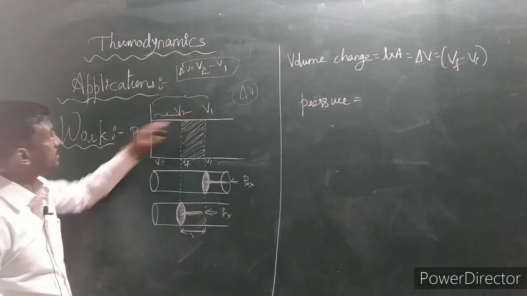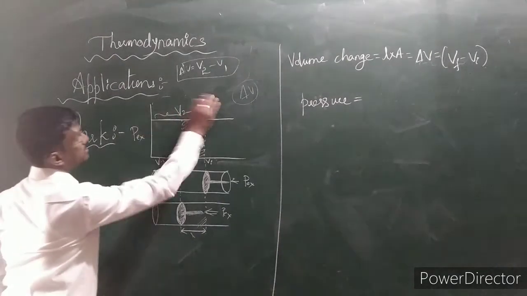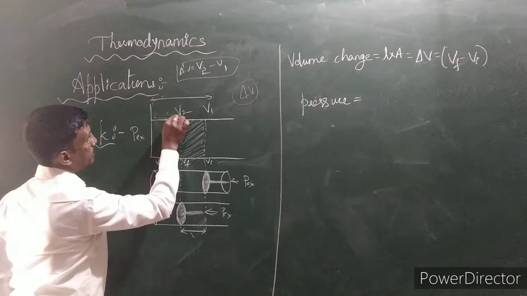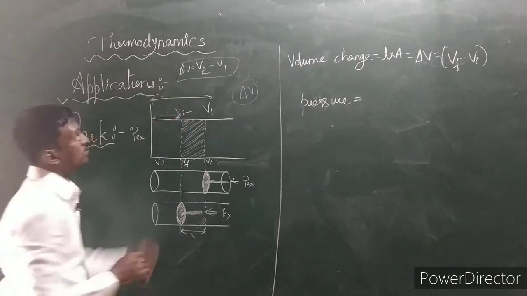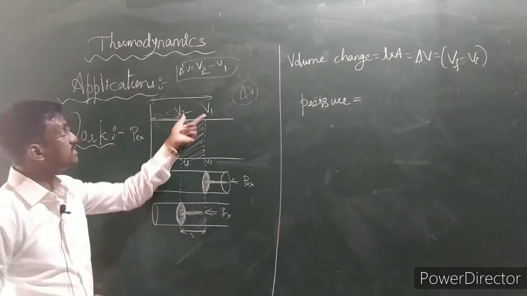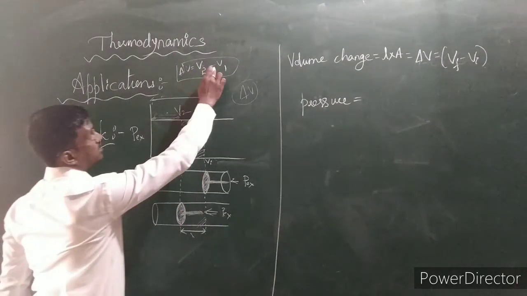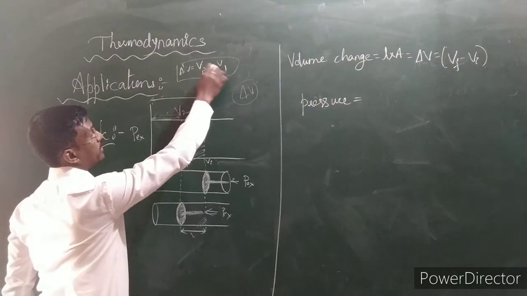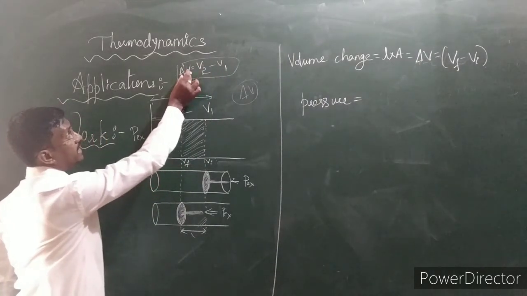Why? Because you can see here, V1 is up to here and V2 is from here to here. V1 is greater than V2, so V2 minus V1 gives a negative value of delta V.